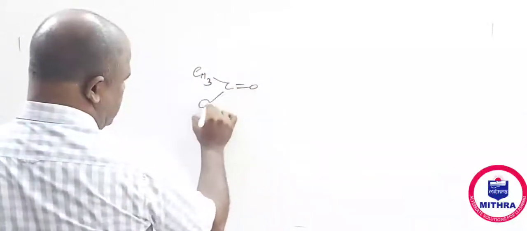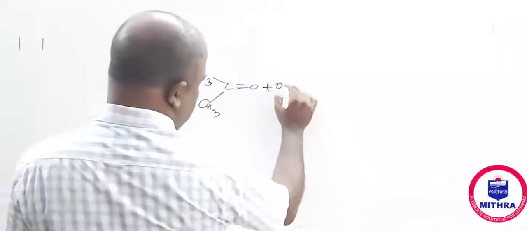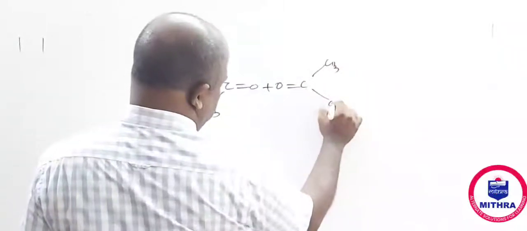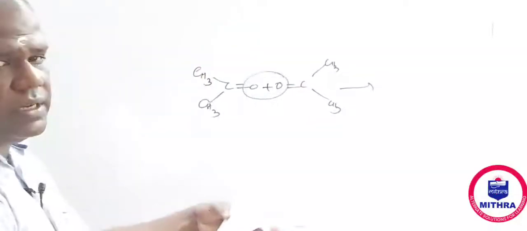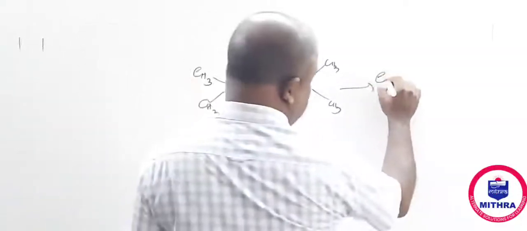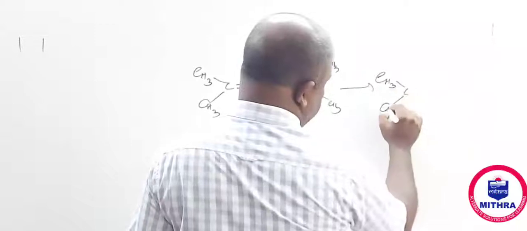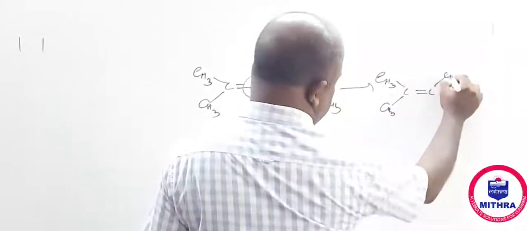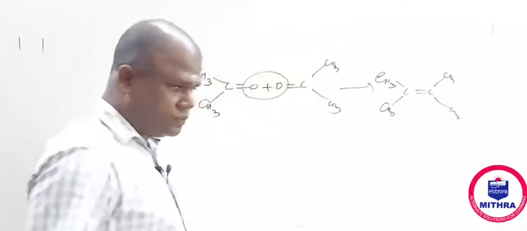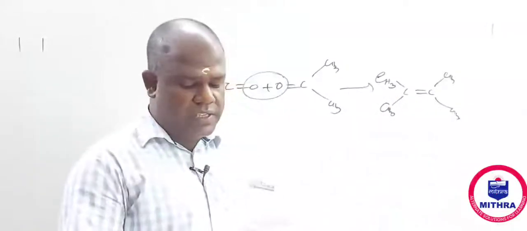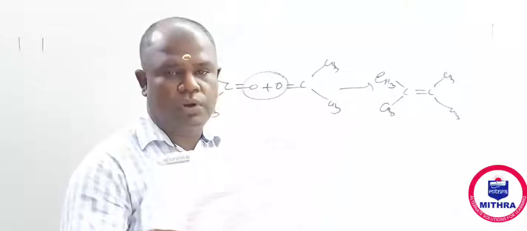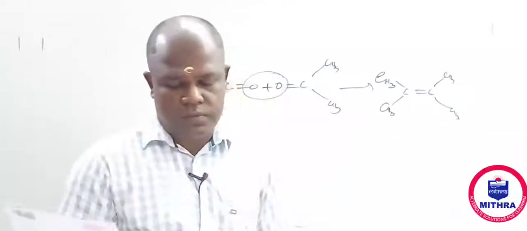CH3, C double bond O, CH3, this is acetone. Again I am writing one more acetone molecule and you simply remove the oxygen, that's all. Join them. This is not a reaction, this is for our convenience we are writing. So this is the structure of the original alkene. So 2,3-dimethyl-2-butene is the answer. 2,3-dimethylbut-2-ene, answer option 4.